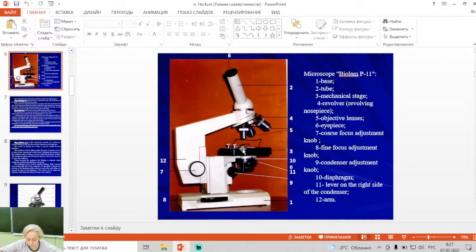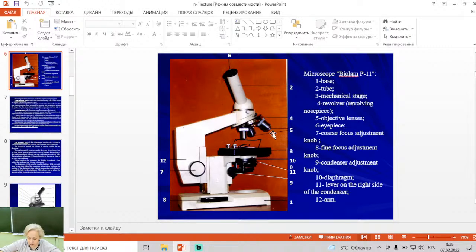For consideration of the object at high magnification of the microscope, place it in the center of the field of view. Adjust the sharpness of the image using the fine focus adjustment knob. Rotating the revolver, put the lens at high magnification into working position, for example, times 40.